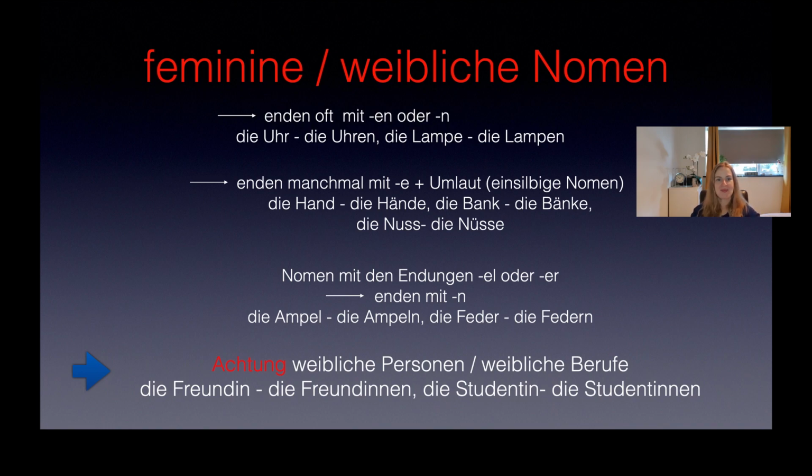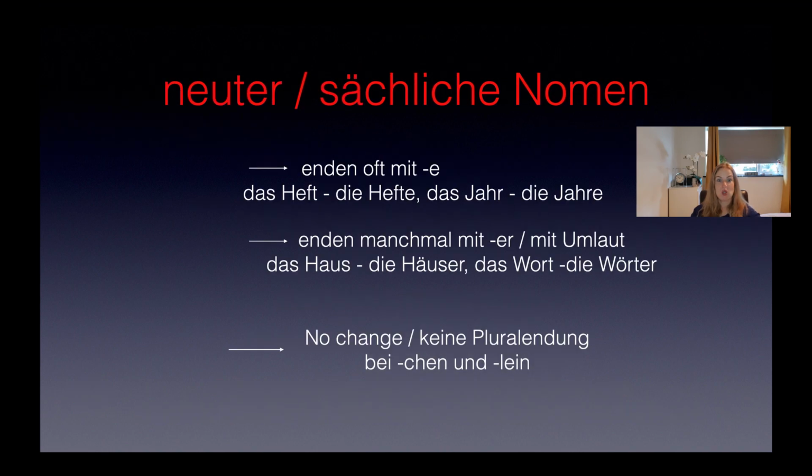Studentinnen. Let's head on to the neuter, the sächlichen Nomen. Well, they of course often end with an E. For example, das Heft, that's the workbook, turns into die Hefte.